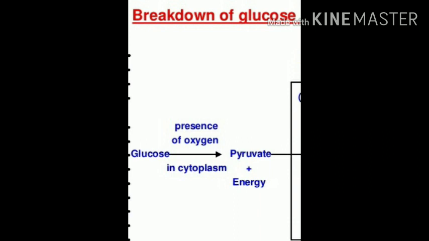One molecule of glucose on glycolysis produces 2 molecules of pyruvic acid. So, we must remember the first step, that is the breakdown of glucose, a 6-carbon compound, into a 3-carbon compound pyruvic acid, takes place in the cytoplasm in case of all organisms, whether aerobic or anaerobic.